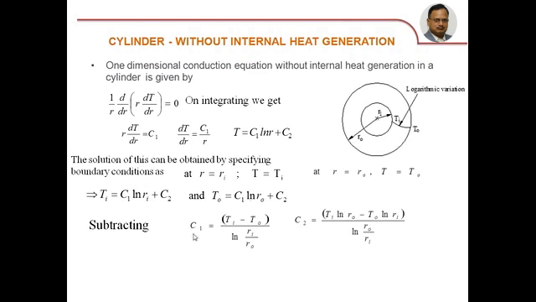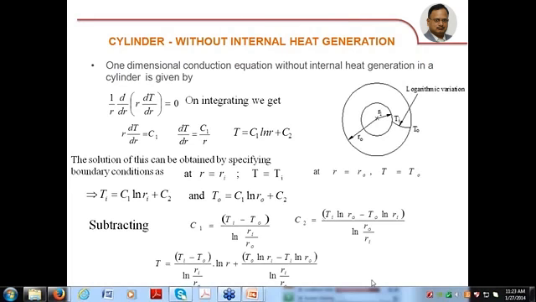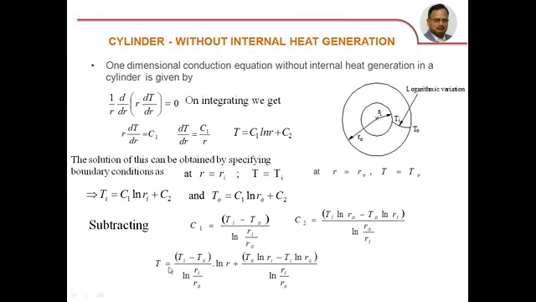Subtract one from the other, the C2 cancels, and you will get the C1 value: Ti minus T0 by logarithm of Ri by R0. Substitute C1 in one of these equations, you will get the C2 value. And hence T equal to, by substituting C1 and C2, Ti minus T0 by logarithm of Ri by R0 into log r plus C2.